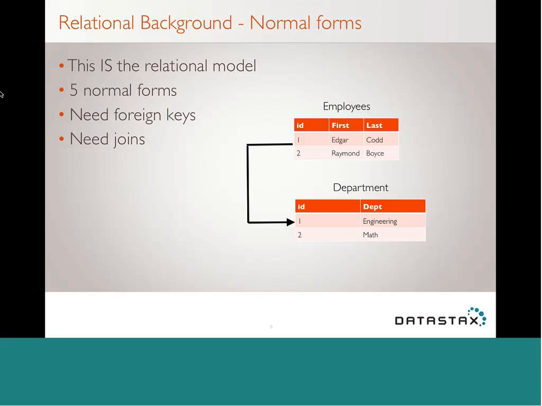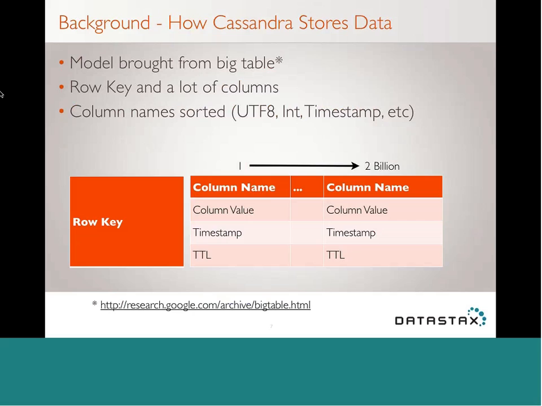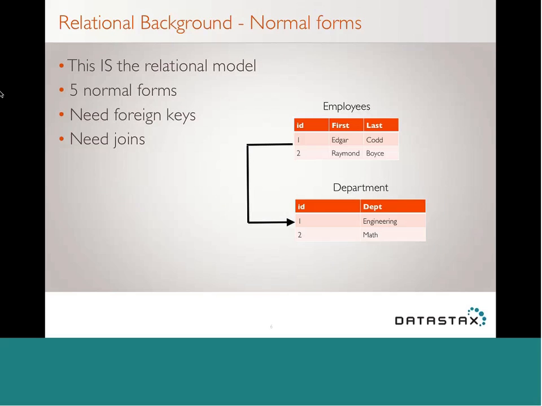And how you do that is you say, I want all the employees that belong to this certain department, and I'm going to join them together somehow. There are more tables involved, but it's all about joins. And that's the key word here, joins. And that's going to be different.